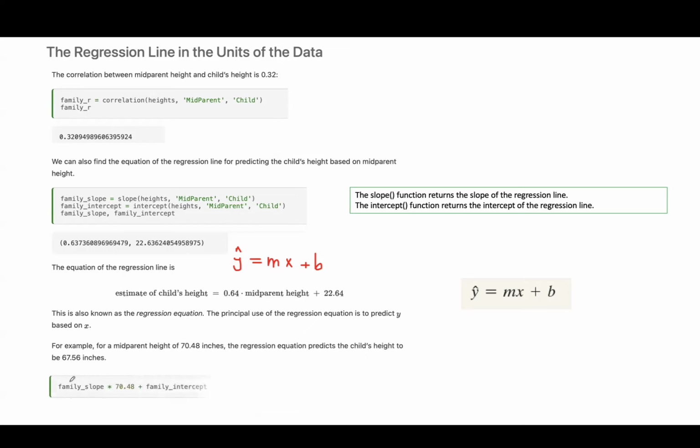Multiply the slope by this new x plus the y-intercept, and it generates the predicted y value of about 67.56 inches. So you can now easily find the deviation between the y and predicted y value.